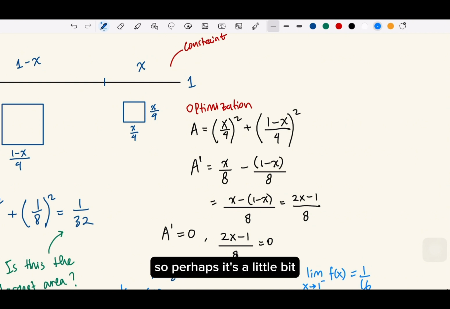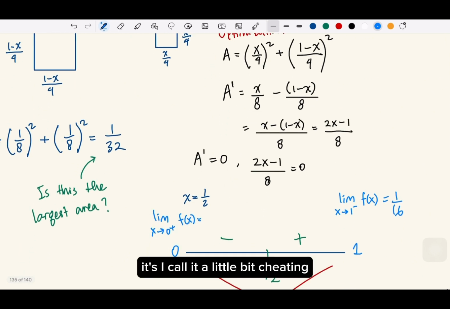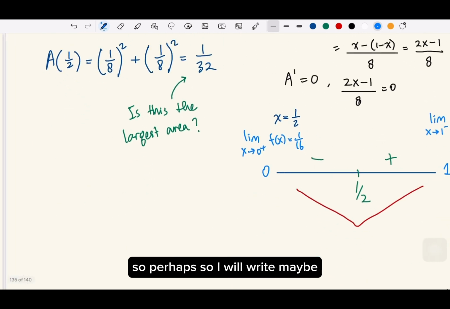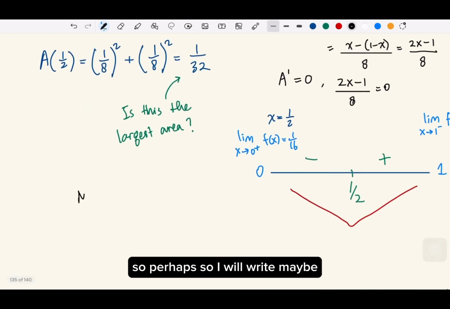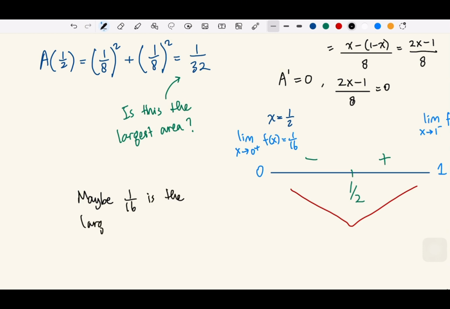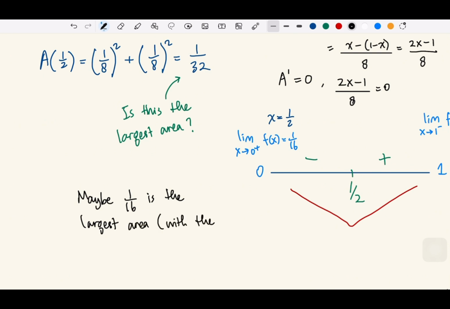So perhaps it's a little bit, I call it a little bit cheating. So perhaps I will write maybe 1 over 16 is the largest area with the help of limit.